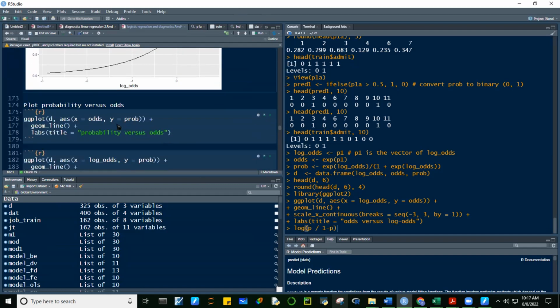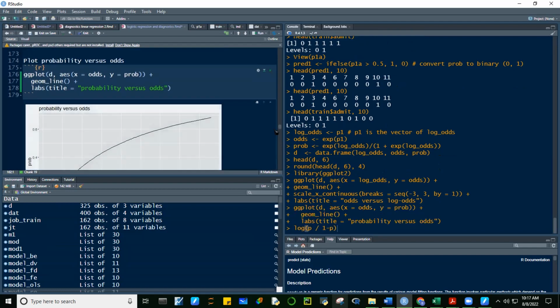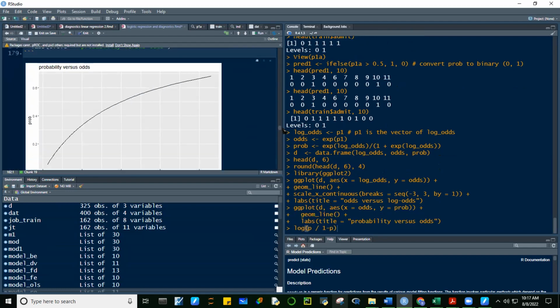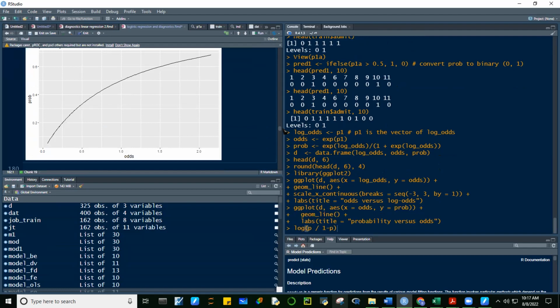Okay, ito naman ang ipa-plot natin si odds at saka si probability. So let's run this. Okay. So what's happening here? Okay, so directly proportional pa rin, directly related.